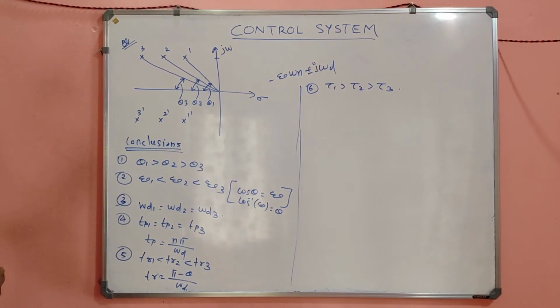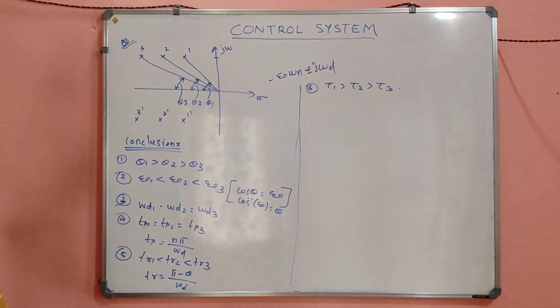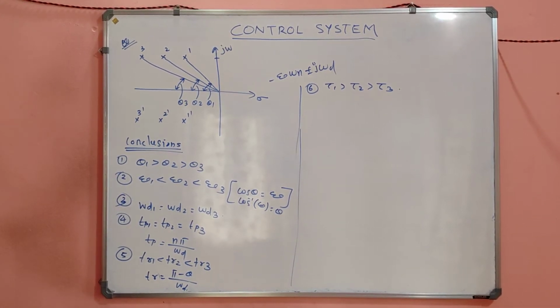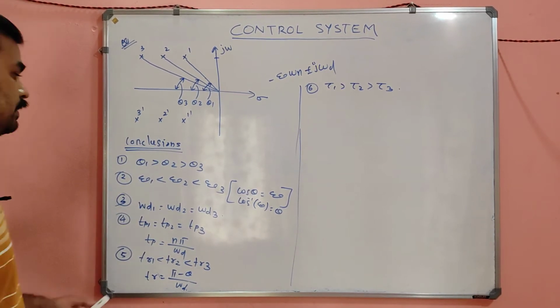How will it increase? You have any idea? The time constant will be increasing. Zeta omega n. Yes, you can say like that.